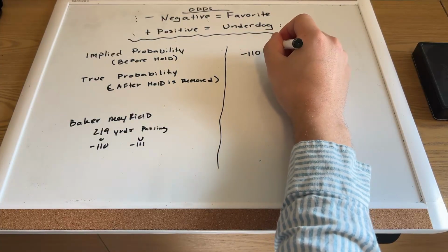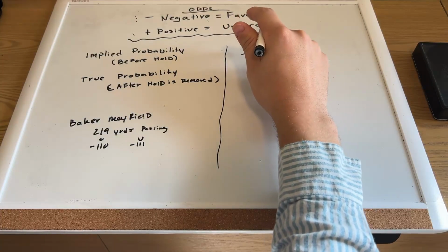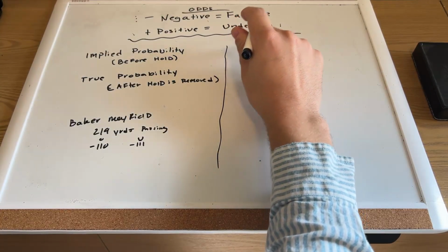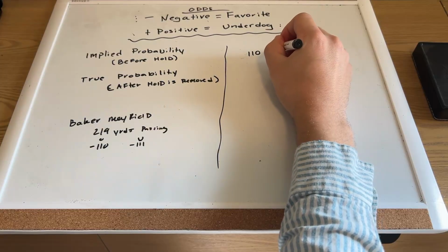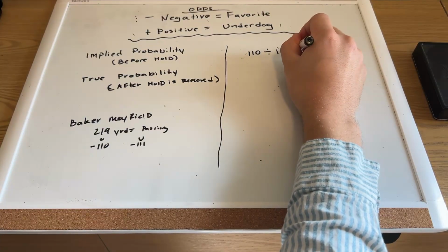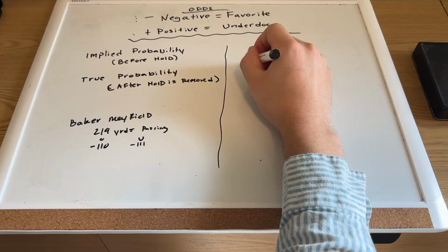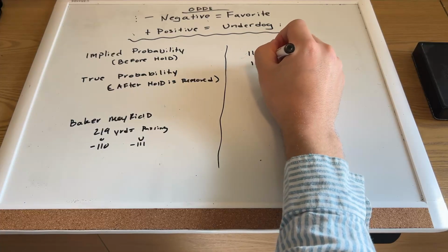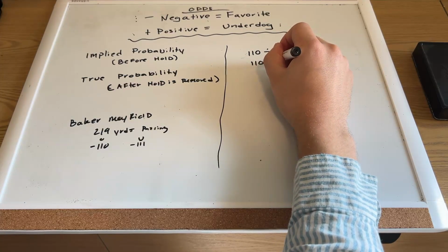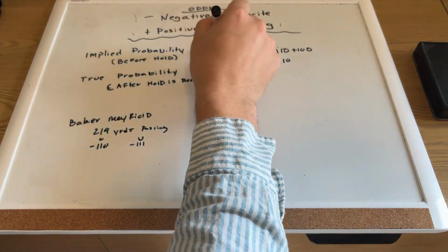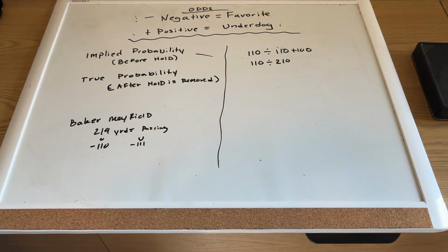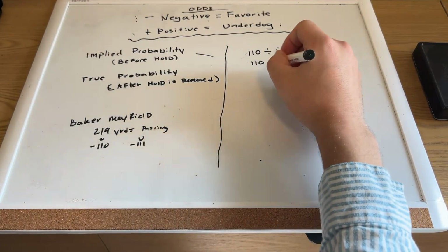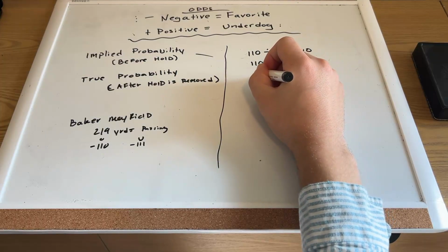We're going to do 110 divided by 110 plus 100, so 110 divided by 210. This is the implied probability, remember. So let's calculate that. 110 divided by 210, and we got 52%.